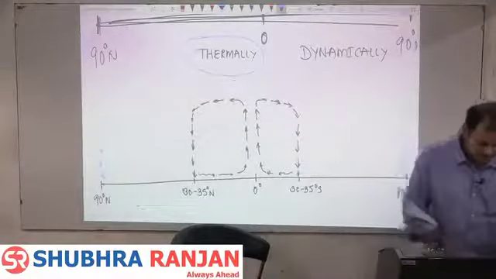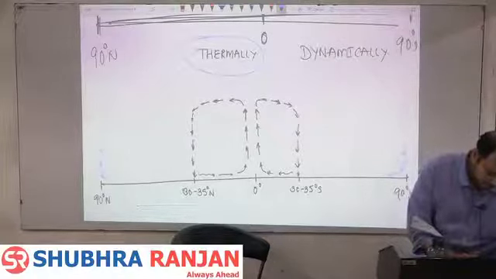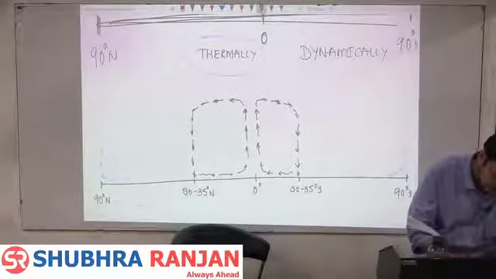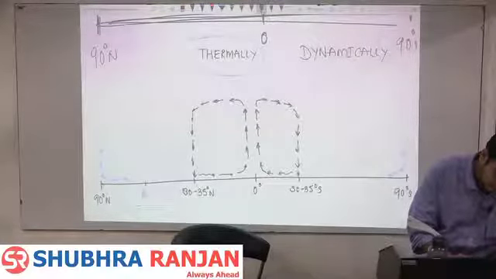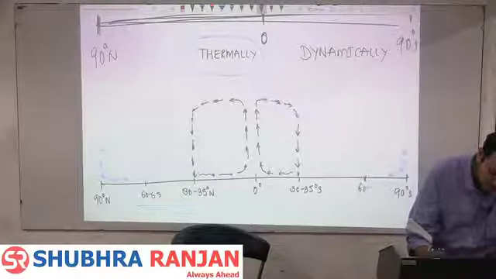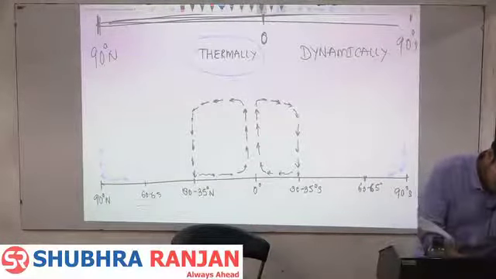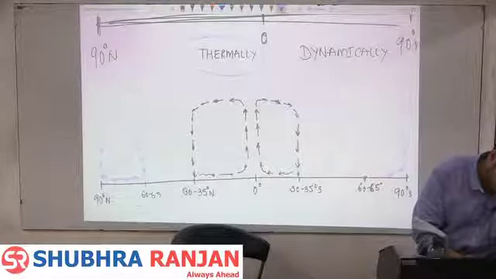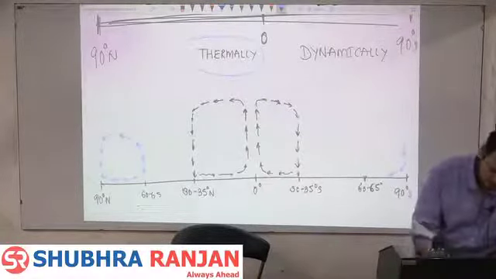This air, after coming to around 60 to 65 degree latitudes, gets automatically warmed, and hence it rises upwards, and as a result of this, it goes.